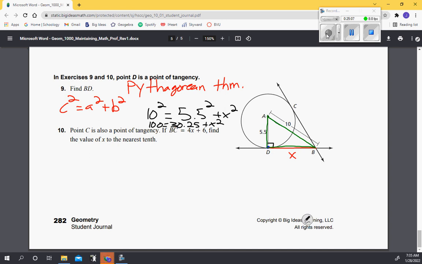And we're going to get 69.75 is equal to x squared. Now we have to take the square root of that, and we get 8.35. Okay, so our length of BD, or DB, whatever one you want to call it, is 8.35.